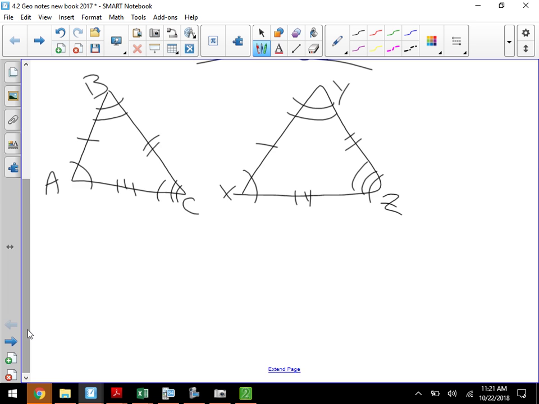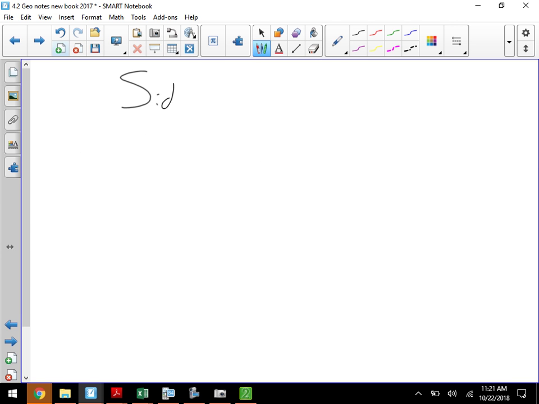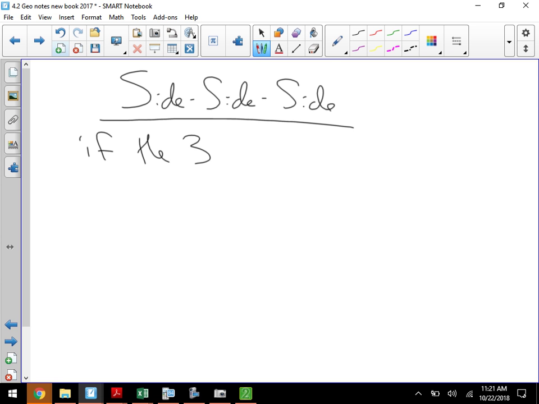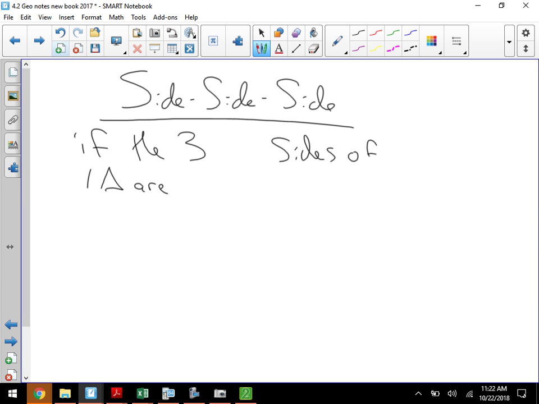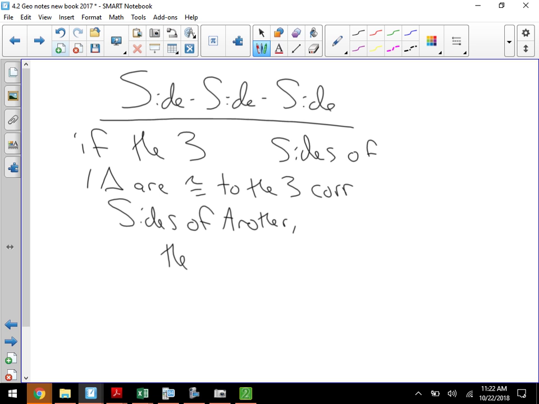So anyway, today we're going to talk about side, side, side. If the 3 sides of one triangle are congruent to the 3 corresponding sides of another, the triangles are congruent.